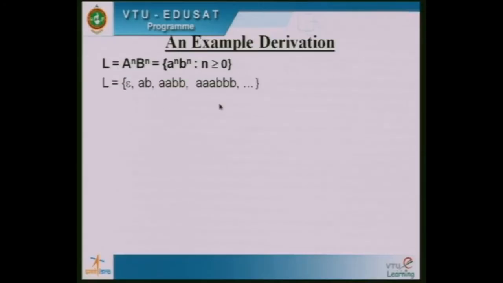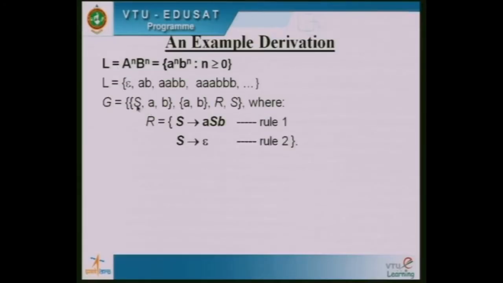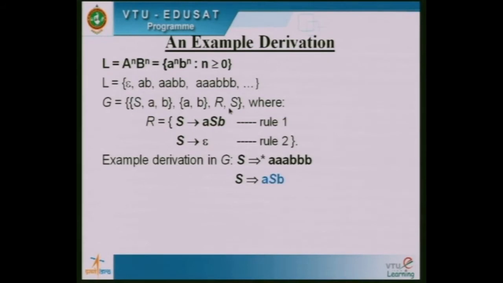So, these are the possible strings in the language, and the grammar written is, you can see we have used only one non-terminal, S. Terminals are A and B. Rules written are S tends to A S B and S tends to epsilon, and the start symbol is S, and possible derivations are these.